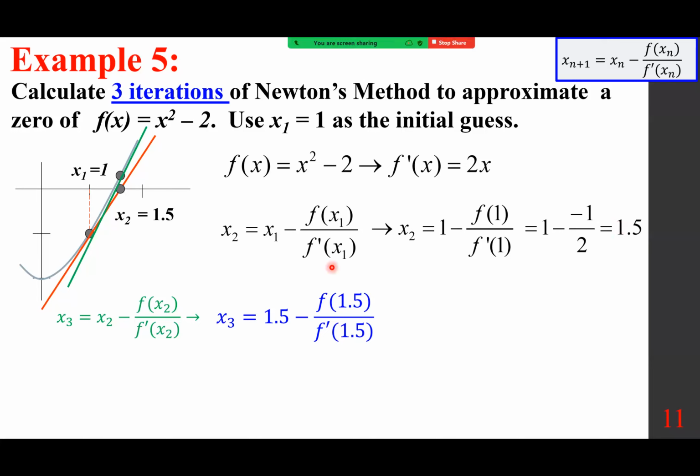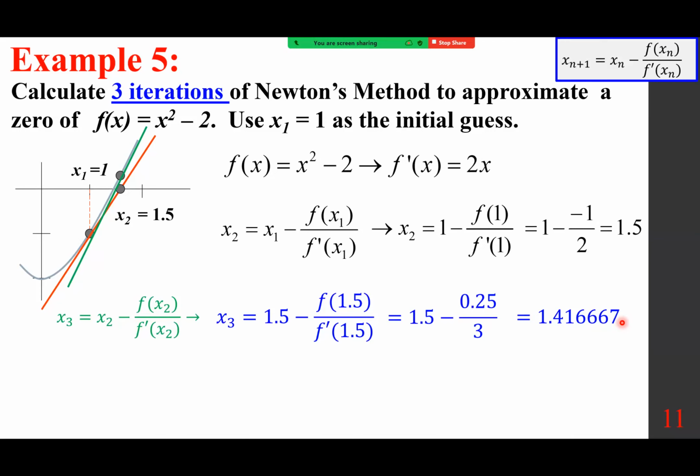So f of 1.5: you put 1.5 here and square it, minus 2. 1.5 squared is 2.25, minus 2 is 0.25, over f prime of 1.5, which is 2 times 1.5, or 3. And the answer is 1.4166667, and a bunch of decimals. As far as the number of decimals, normally they tell you; otherwise, use a lot of decimals.